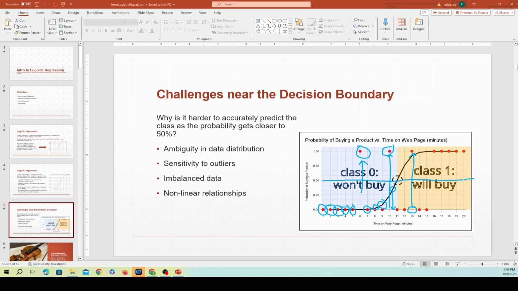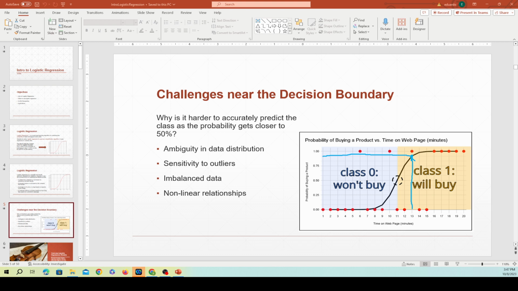But it doesn't only tell you that, it also tells you with what probability that is correct. So for example, 13: the person spent 13 minutes and the graph landed at this point, which gives us a probability of close to 90% that they will buy the item.